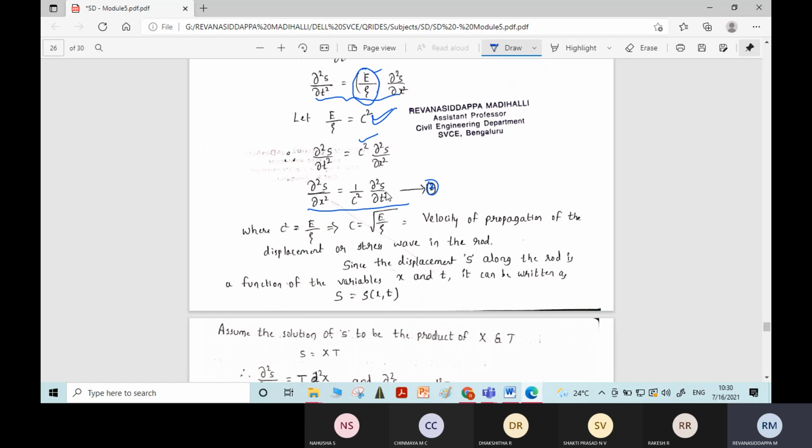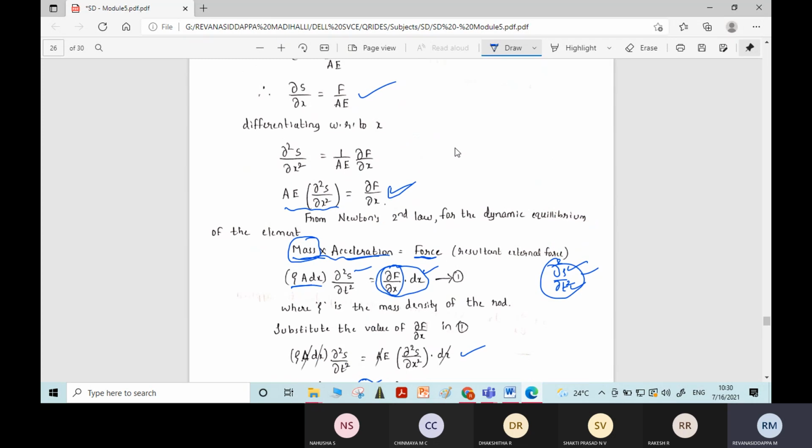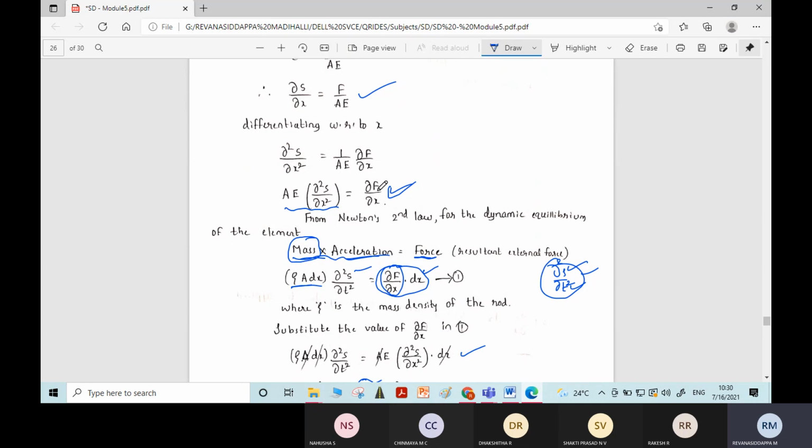After obtaining this equation, I hope you all understood up to here. We have performed two major steps. First, we obtained the expression for the force with respect to x.